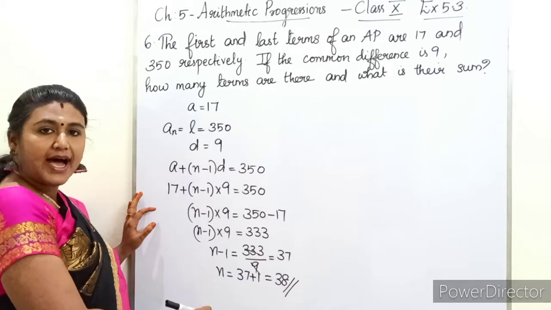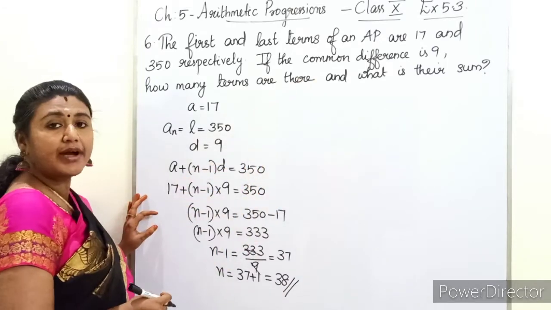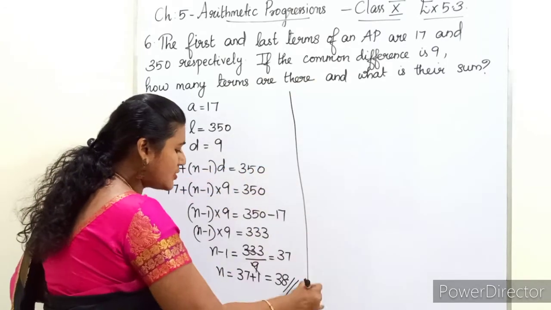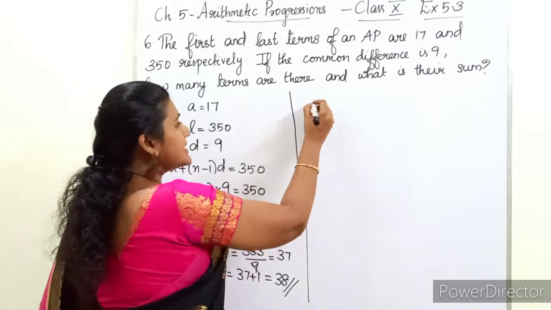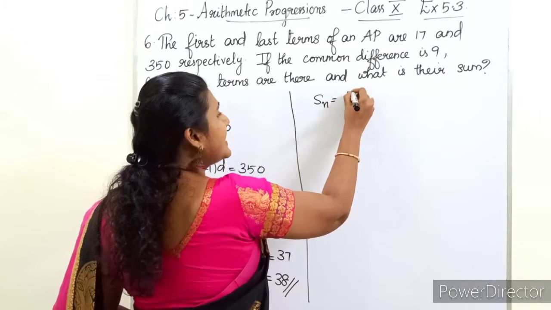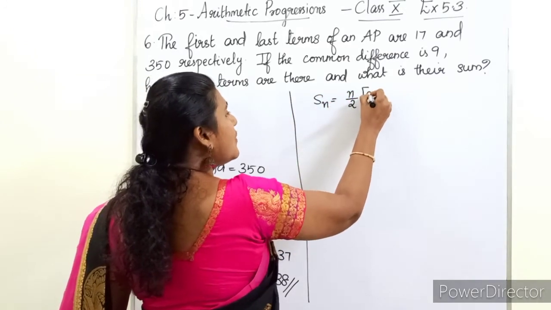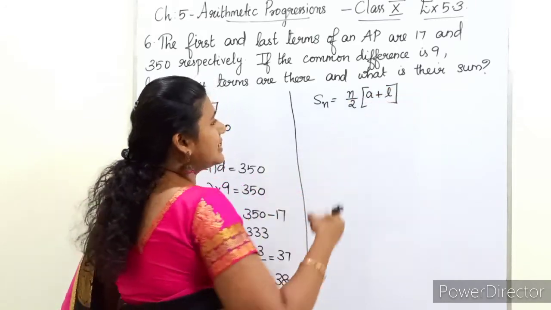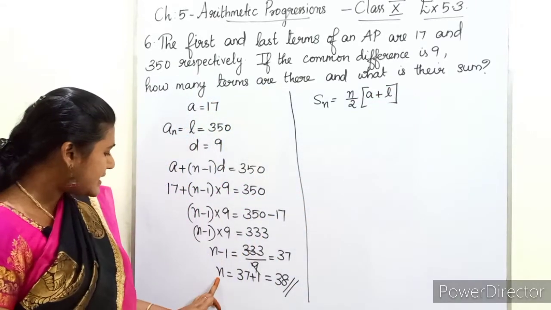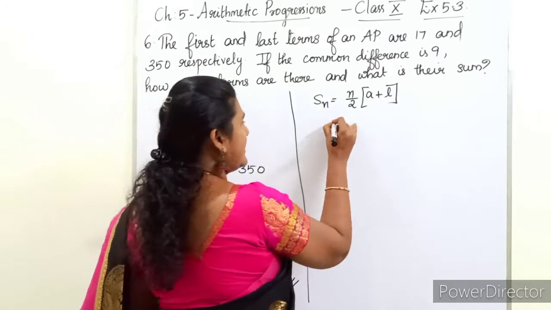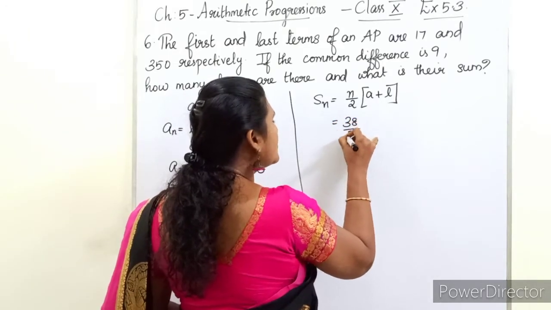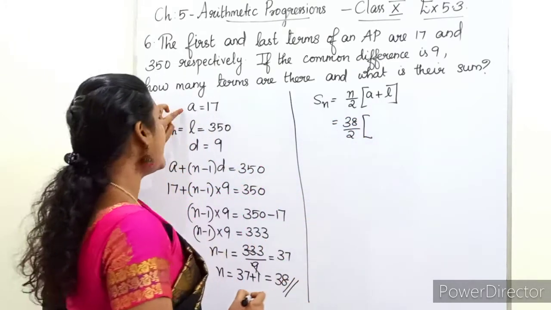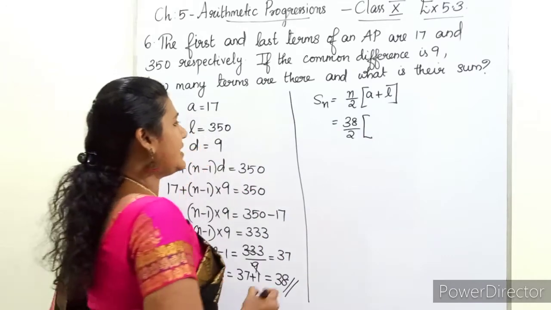So we got the value of n. Now we have to find the Sn value. The sum also we have to find. So Sn is equal to, we will take the second formula because both the first term and last term are given in this question. What is the value of n? 38. So 38 by 2 into, what is the value of A? 17, L is 350.